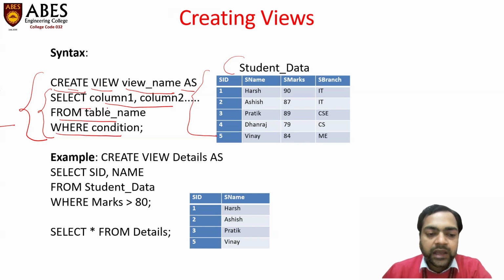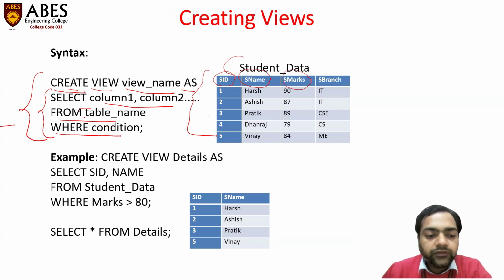Let us take an example: from this table we need to create a view with only SID and SNAME, for students where marks are greater than 80.